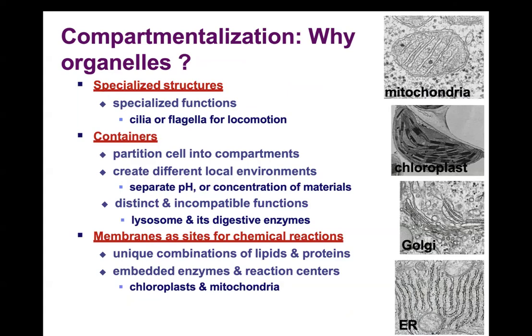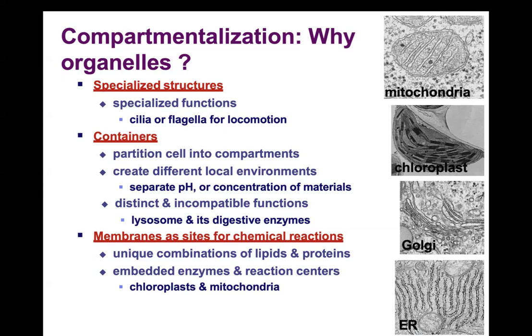And that allows us to have specialized structures, like the different organelles, and each of those different organelles has specialized functions. So we're able to take all the different things that the cell needs to do and create different structures that really specialize in doing them really efficiently.